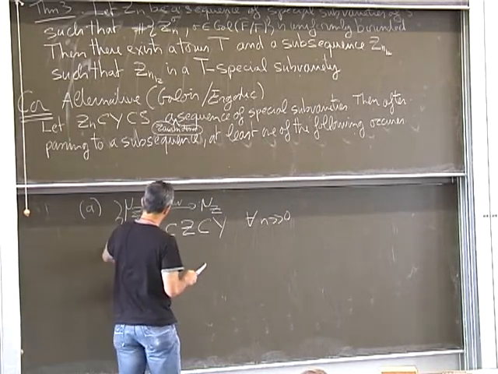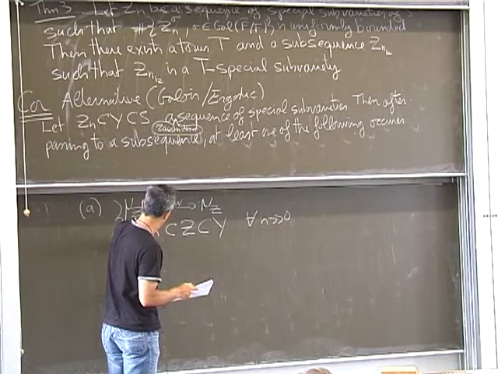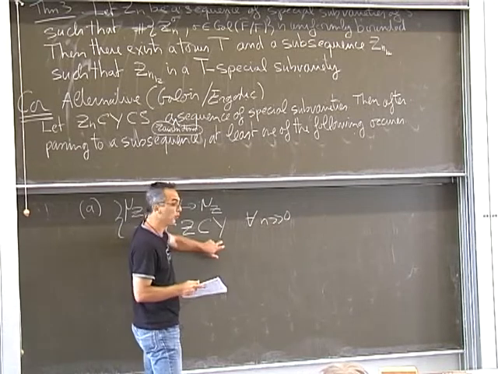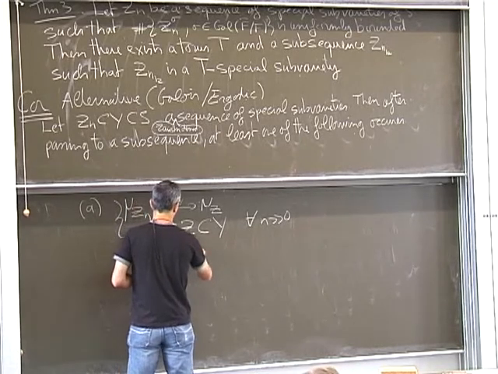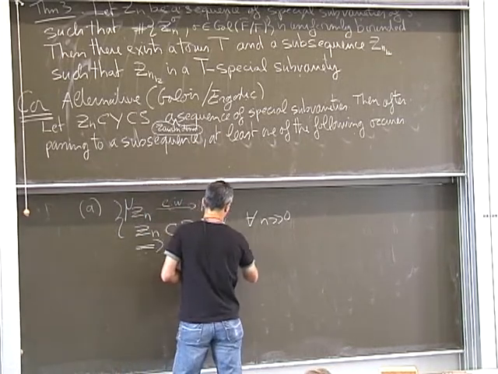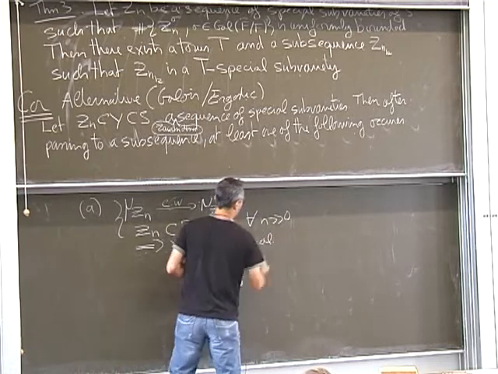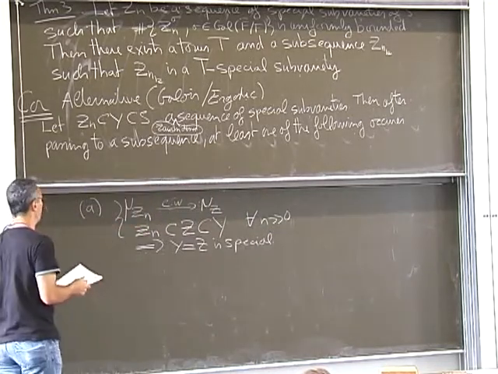But this sequence is Zariski dense in Y, so this implies that Y equals Z is special, and in this case you're done.